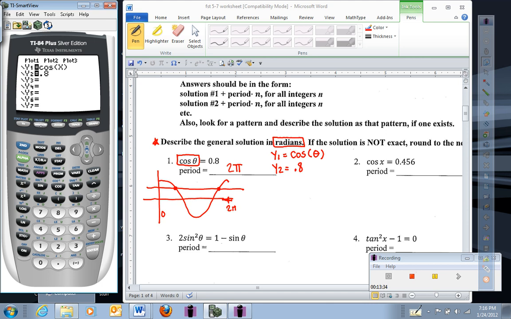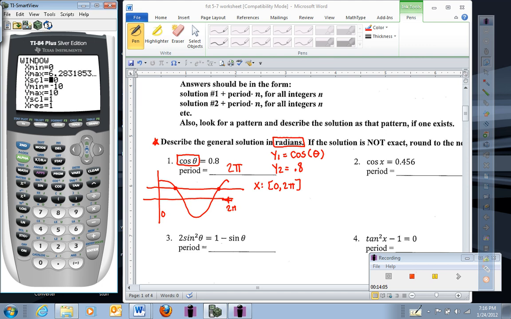Okay, now we're going to go to our window. For our window, we know the period of the graph is 2 pi. So we want our x's on our window to go from 0 to 2 pi. We want everything from 0 over to the end of that first period, which is at 2 pi.